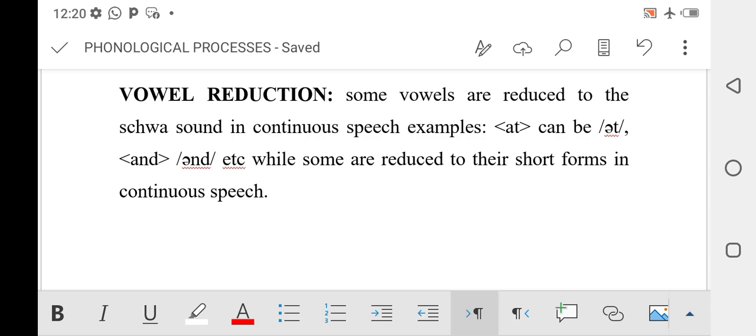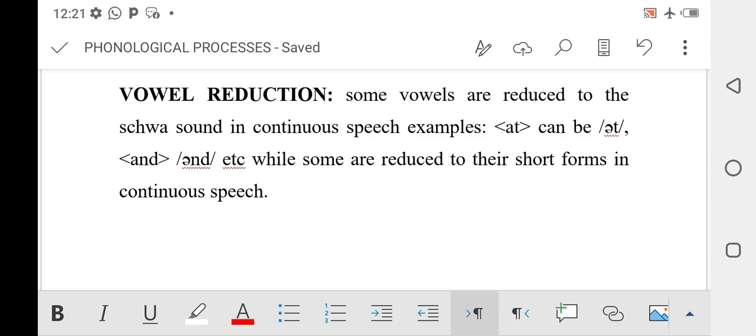Grammatical words involve pronouns, conjunctions, prepositions. Now we have examples here: at, and. So in vowel reduction, the strong quality is reduced to a weak quality, using the schwa sound when you find it in continuous speech.